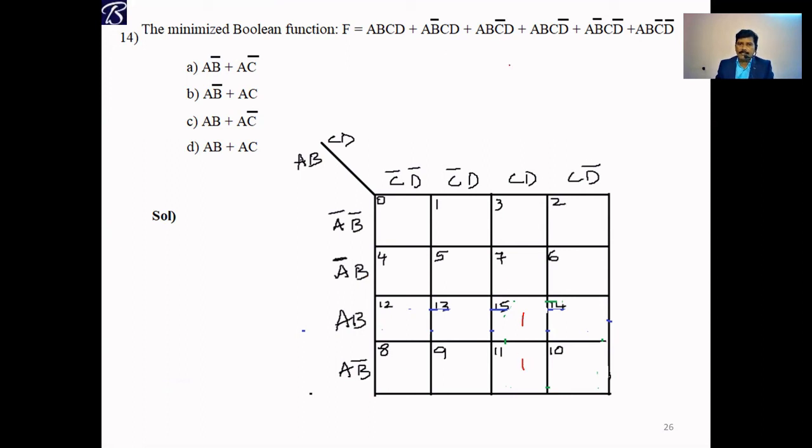A B C bar D is this one. A B C D bar is this one. A B bar C D bar is this one. And A B C bar D bar is this one. Now we need to minimize.